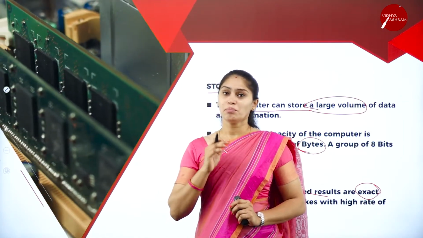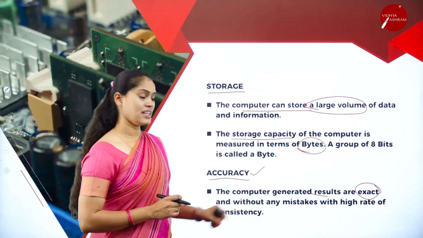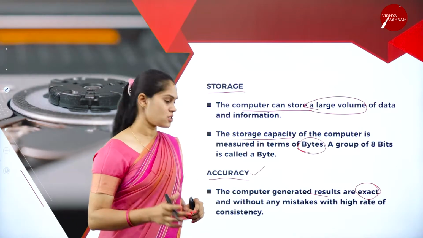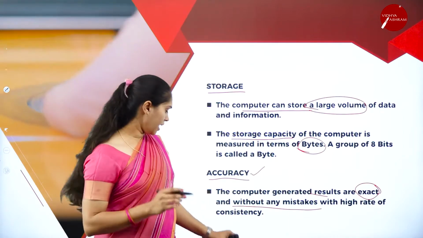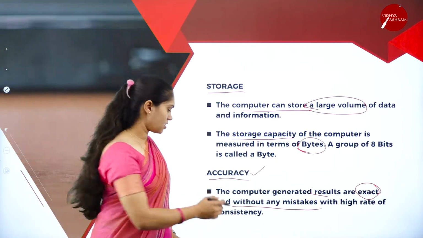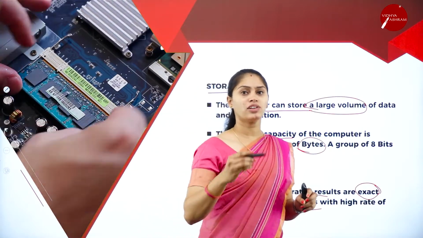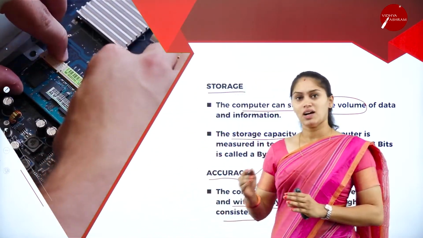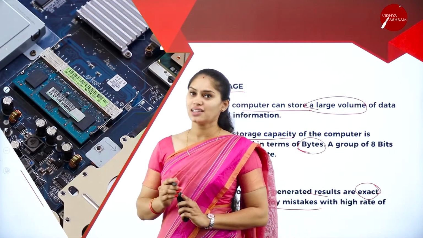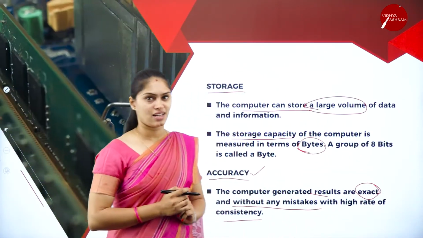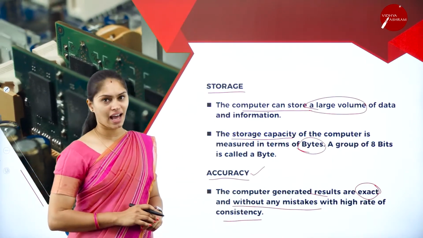The output is always exact, without any mistakes, with a high rate of consistency. I can give the same input thousands of times, but it won't give me error data or an error result. It will always give the exact, error-free result. So that is one of the characteristics of a computer, that is accuracy.